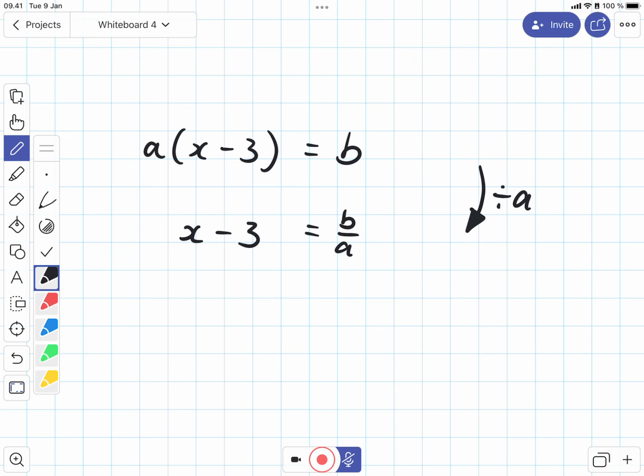So dividing both sides by a, I get x minus 3 equals b over a. I want the x on its own, so I want the minus 3 to disappear. It will disappear if I add 3, but then I've got to add 3 to the other side as well to maintain balance. So x equals b over a plus 3.